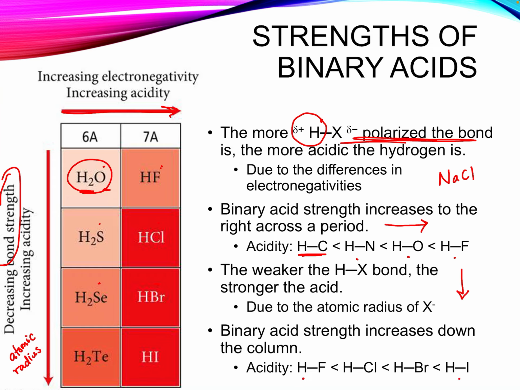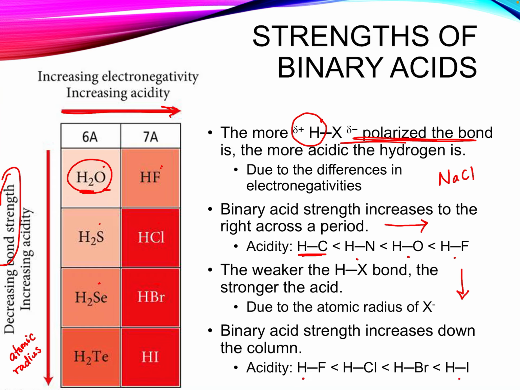So this is why hydrofluoric acid is a weak acid, even though there's a very large electronegativity difference between hydrogen and fluorine, which would make it fairly easy, right, for that hydrogen to ionize. Because fluorine is so small and hydrogen is so small, their nuclei are fairly close together, and so that is contributing to the strength of the bond.